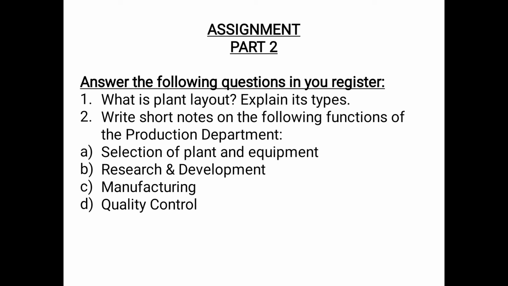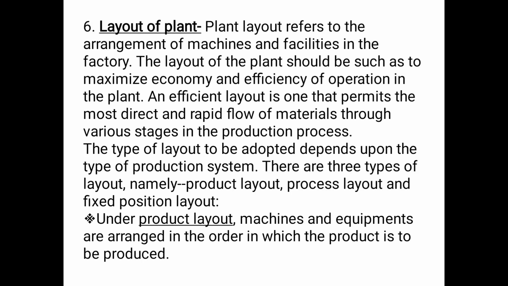So for this you can refer to the point layout of plant, and you can write the meaning as plant layout refers to the arrangement of machines and facilities in the factory. This much will be the meaning. And while explaining the types, you will explain that there are three types of layout, namely product layout, process layout, and fixed position layout. And you will explain the meaning.